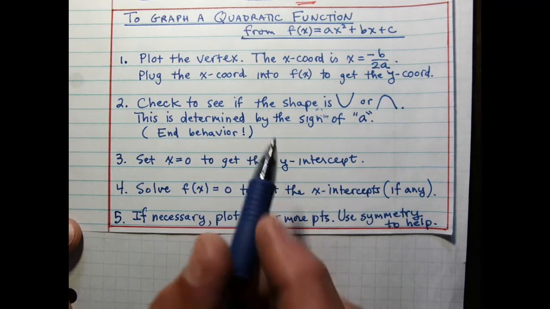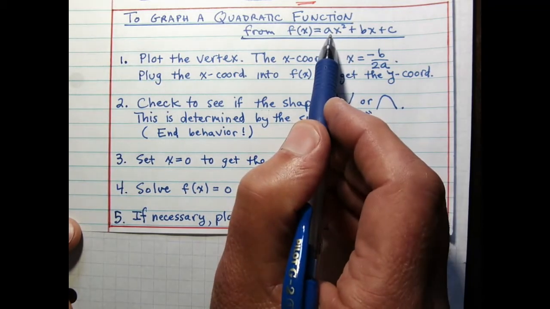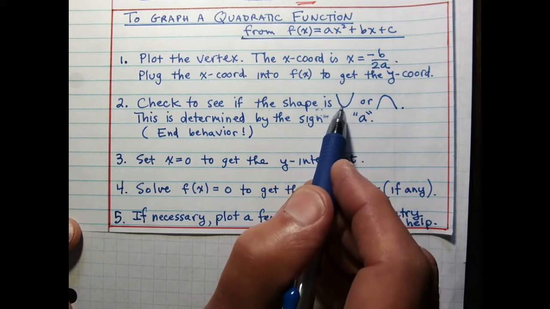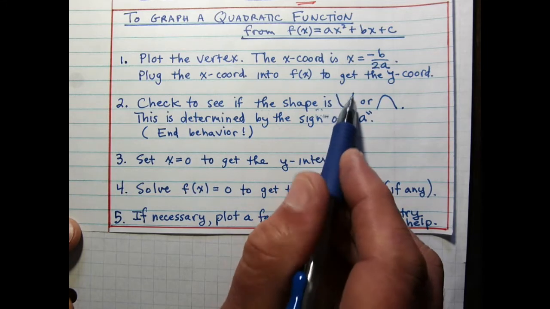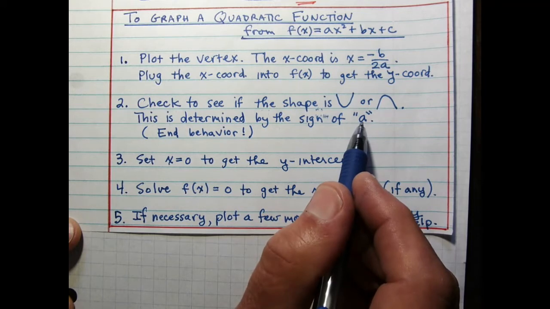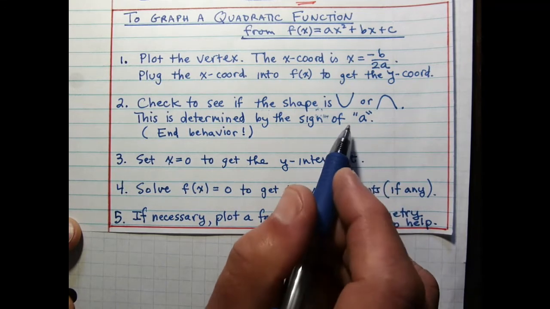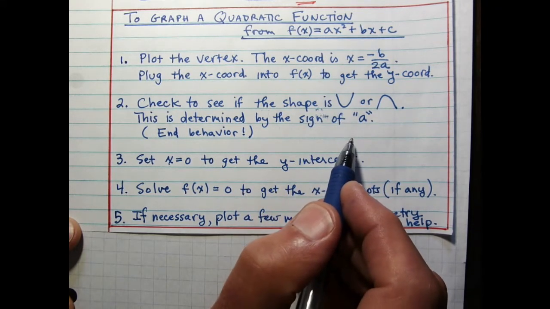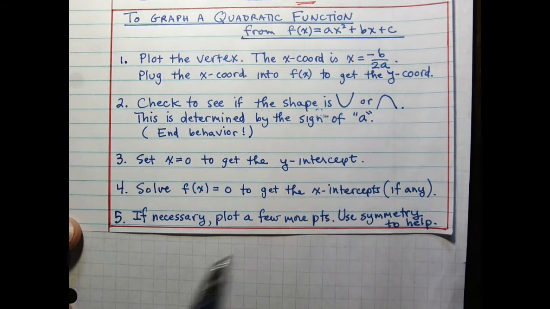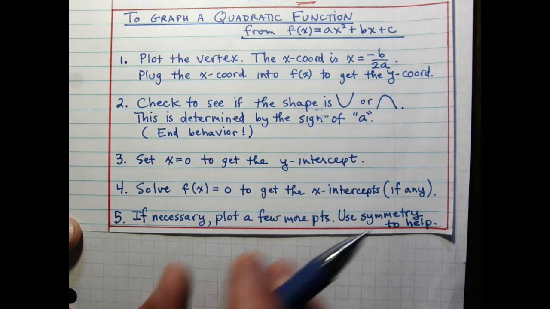And it's really that a is just the lead coefficient, and so if a is positive, we know the shape matches the shape of the y equals x squared graph. If a is negative, that corresponds to a reflection through the x-axis that flips that U shape over, and that's why we get the downward pointing shape.